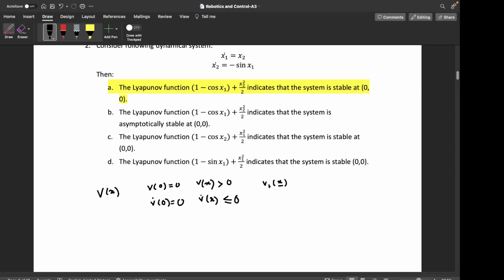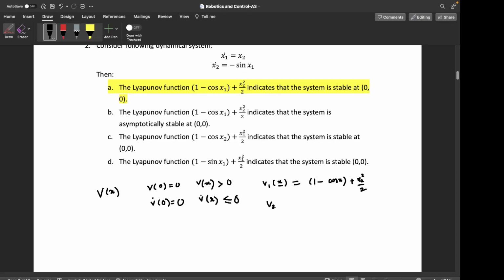So V1 is a function of both x1 and x2, right? In the options, the first function which is given is 1 minus cosine x plus x square by 2, right?